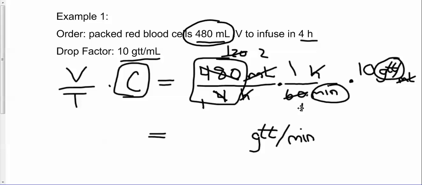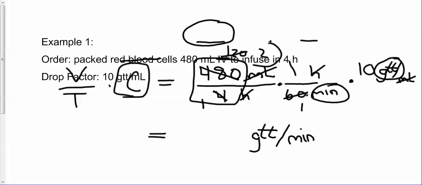Then if you multiply straight across, you get 2 times 10, which is 20, and that's a whole number, so it's 20 drops per 1 minute, which means there'll be a drop every 3 seconds. So every 3 seconds, there'll be a drop coming out of the IV bag into the drip chamber.